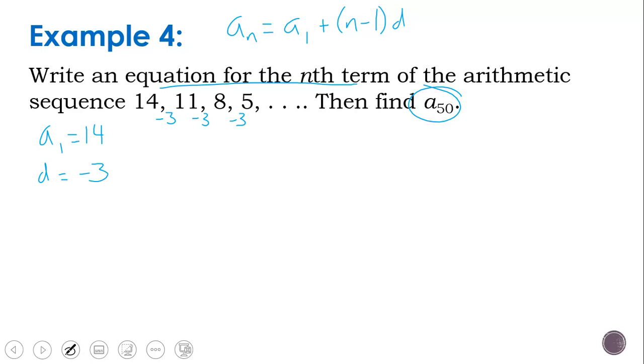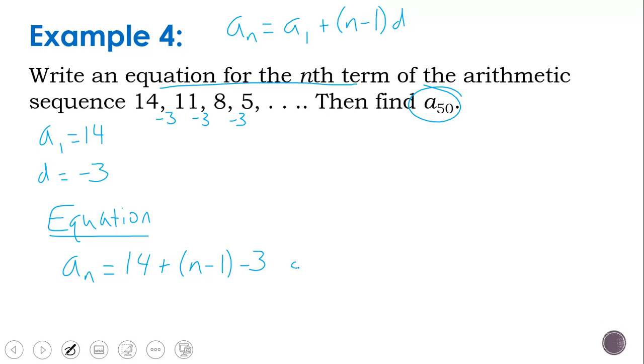So when I write my general form, my equation for this arithmetic sequence, it's going to look like this. A sub n is equal to, we're plugging in only values for a sub 1 and d. So 14 plus n minus 1 times negative 3.